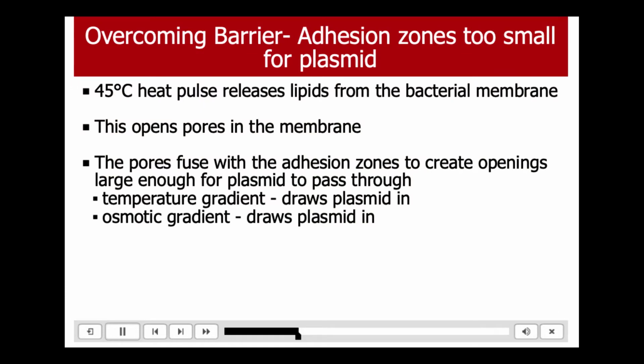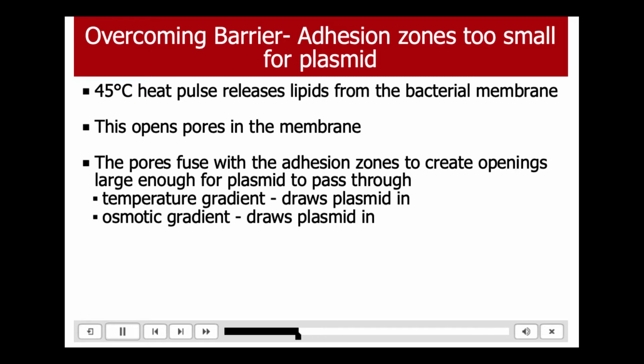The 45 °C heat pulse plays another role in overcoming the barriers to transformation. Because this is such a high temperature, much higher than normal physiological temperature, the heat releases lipids from the bacterial membrane. This allows pores to open up in the membrane.